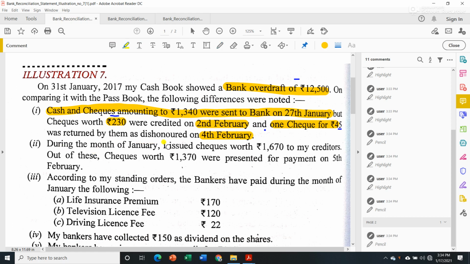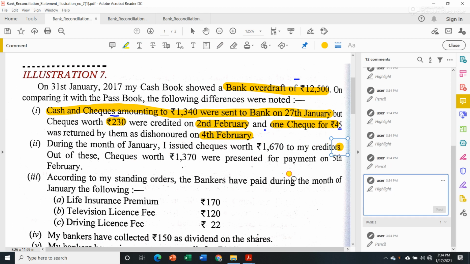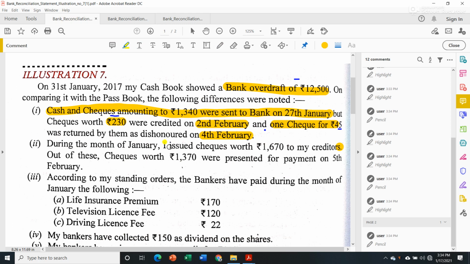During the month of January, I issued checks worth rupees 1670 to my creditors. Now till here you try to understand that according to cash book till 31st January 2017 I already paid 1670 to my creditor. I'm talking about cash book. According to cash book we have already paid 1670, but there is a catch. Out of these, checks worth rupees 1370 were presented for payment on 5th February.